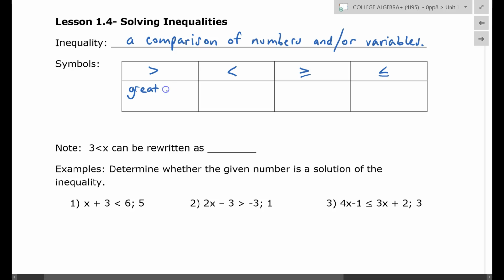Oops. So we have greater than. And then less than or equal.